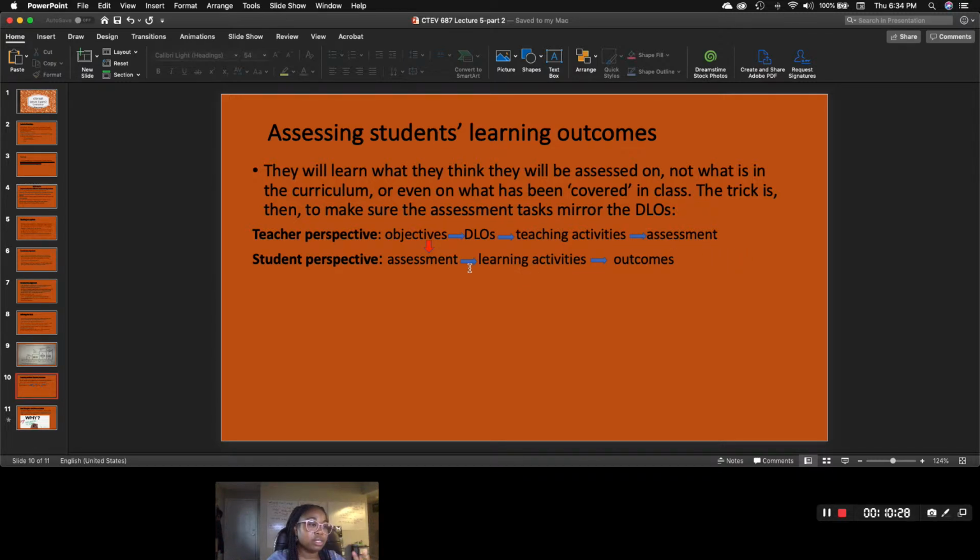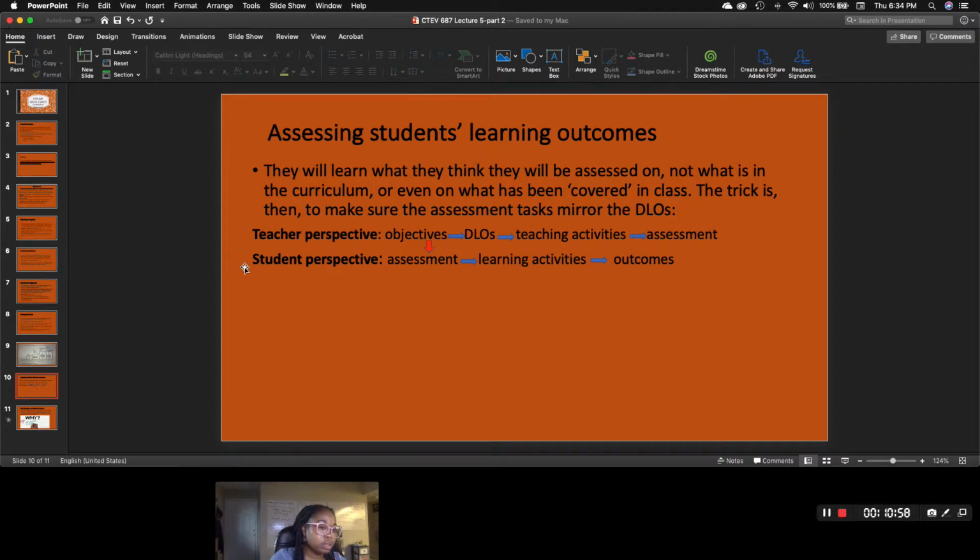So it's a circle, it's a full 360 process, but the problem is if the assessment does not align with the learning activities or your objectives, then the outcomes won't match. The arrows are intended to go straight forward because everyone enters differently except for where we create the objectives; the students have their assessments or learning activities that then create a result to their outcomes.